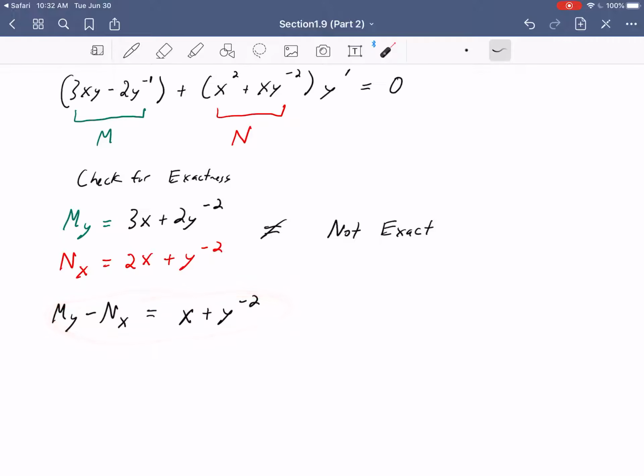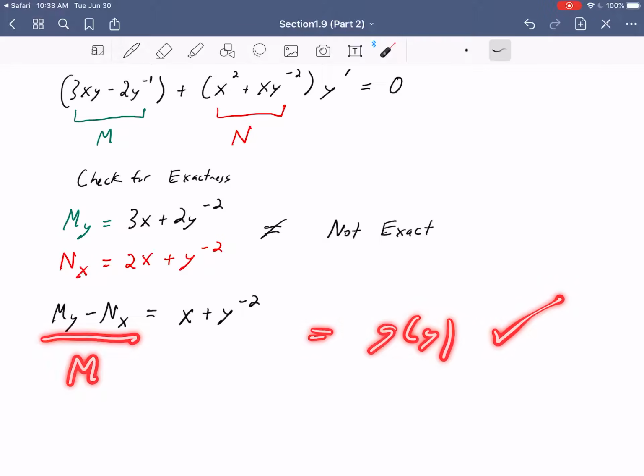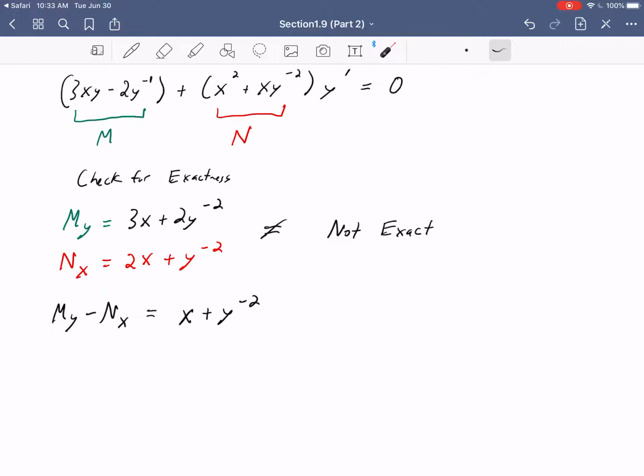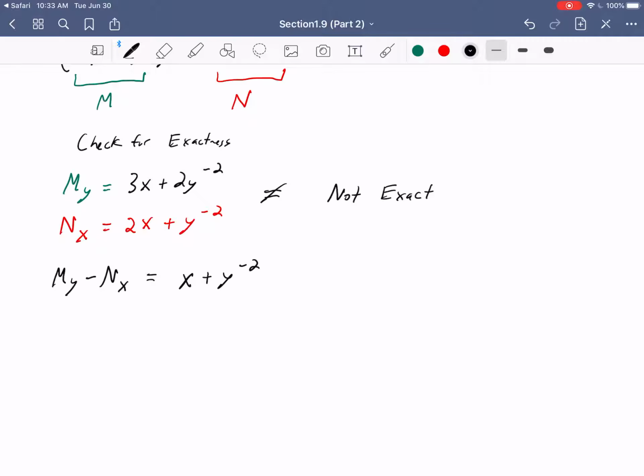Okay, now, if we can show that this divided by n is a function of x only, that would be good. Or if we can show that this divided by m is a function of y only, that would be good. So if we look back, it seems like this guy is more similar to this, so let's try dividing this by n and seeing what we're getting. Again, this is just some trial and error here.